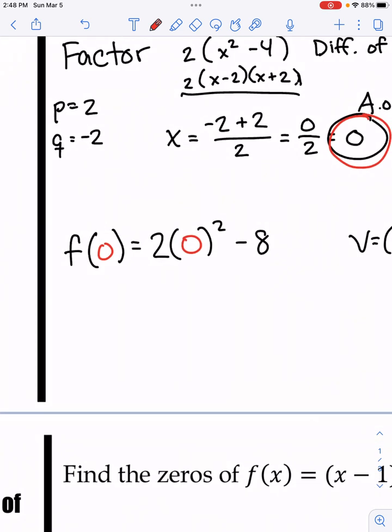Simplifying this, 0 squared means 0 times 0, that's 0. And 2 times 0 is still 0. So what we have is 0 minus 8, and that's just -8. So our final part of this function is f of 0 equal to -8.